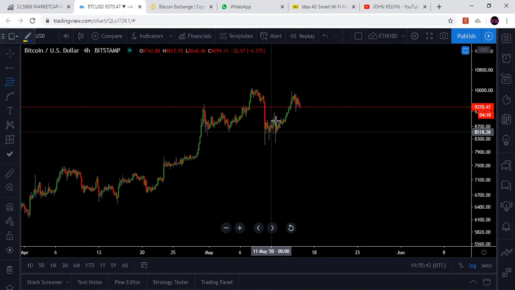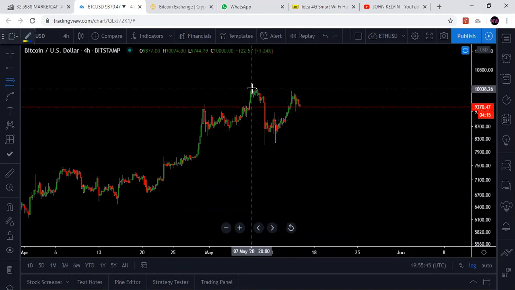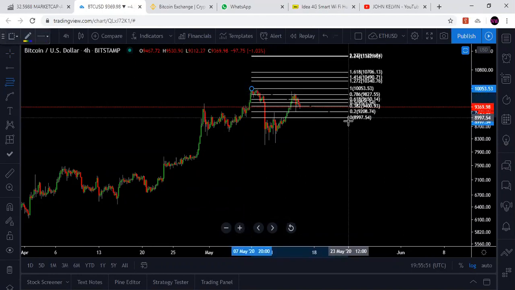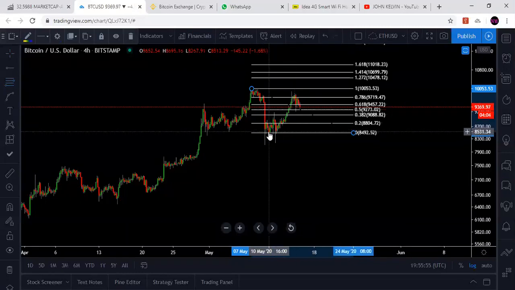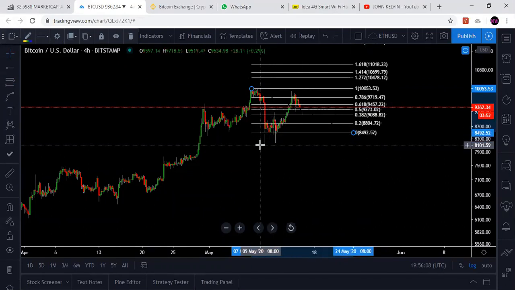So now to get our C, we started from X to A. Now to get our C, we'll start from A to B. If you look at the previous way I positioned my fib retracement, where the B is, which is the 0.618, that is where I'm dropping it. I'm not dropping it below this.